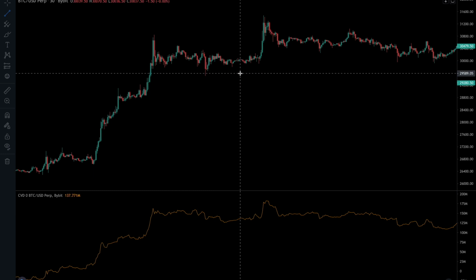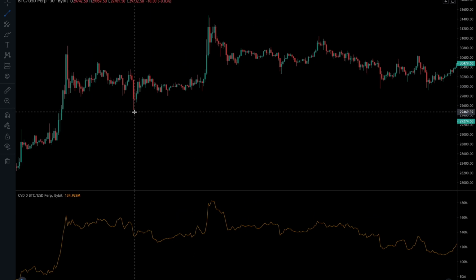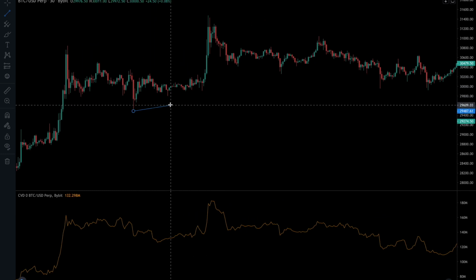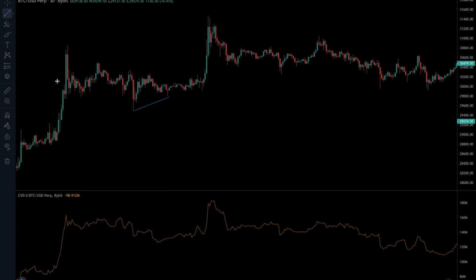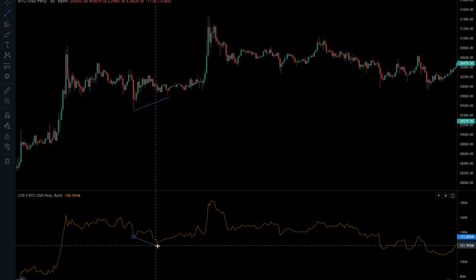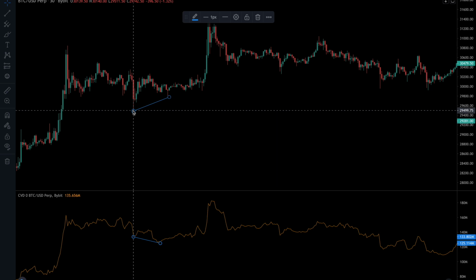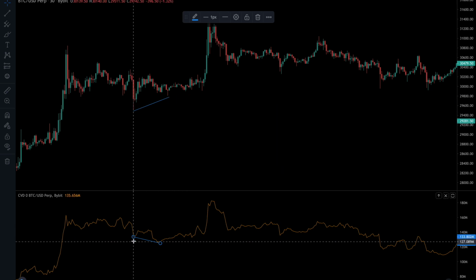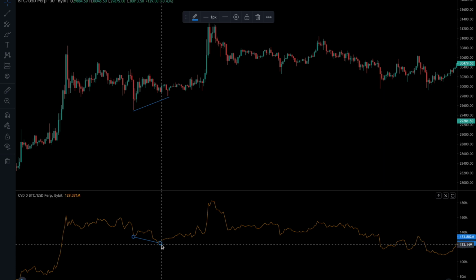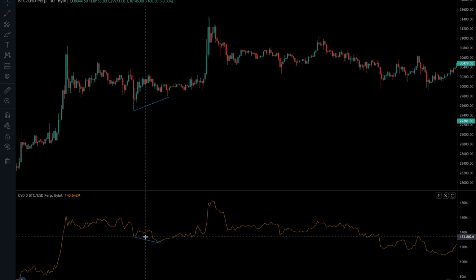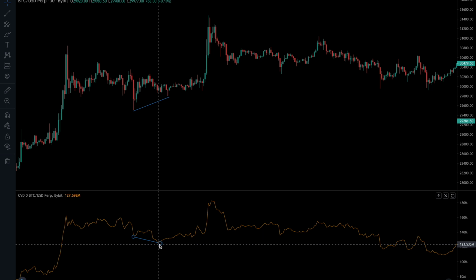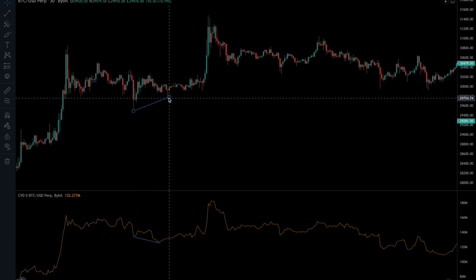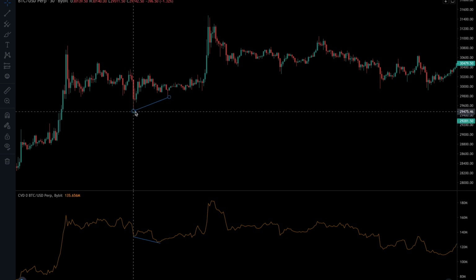Let me firstly show you the first example of a small absorption. What you can see here is that price has made a low and then it made a higher low, whereas CVD has made a low and then a lower low, which means that there is some heavy aggressive selling happening here, but somehow the price is not going lower than this low.